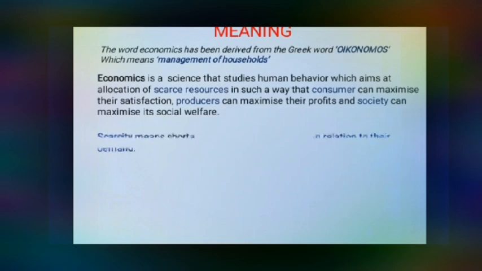Now you can see the different terms over here. Allocation basically means distribution. Scarce resources means something where you can see the demand is more than the supply. So the problem of scarcity comes, and scarcity is the root of all economic problems.